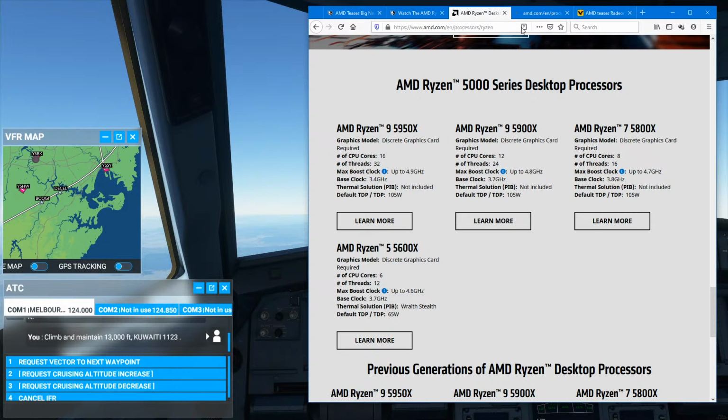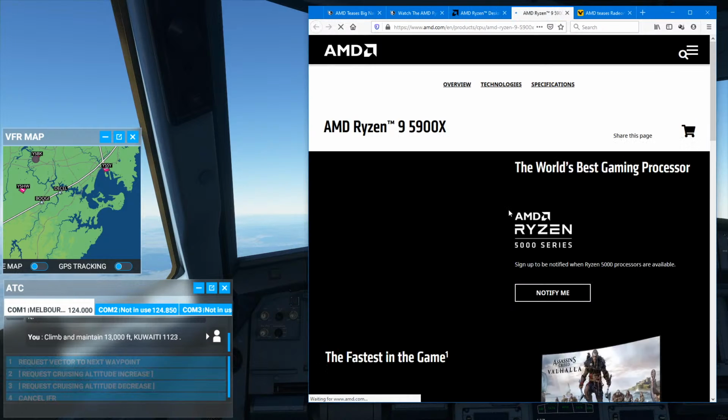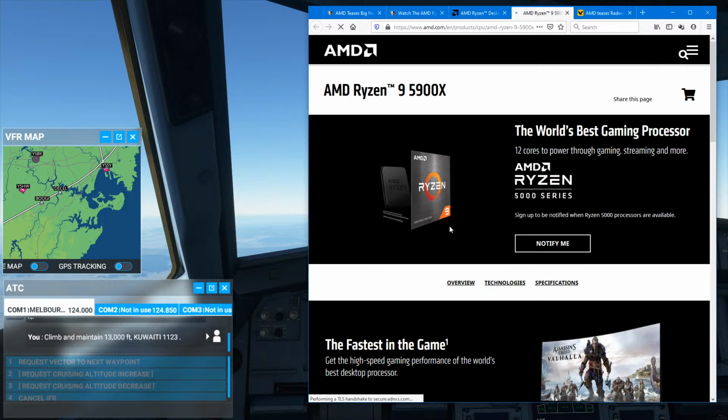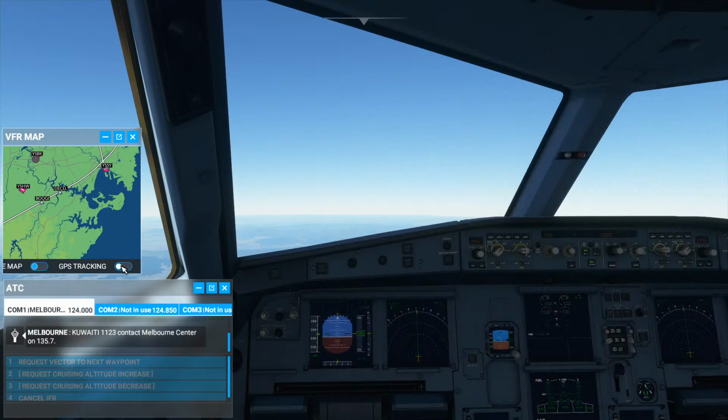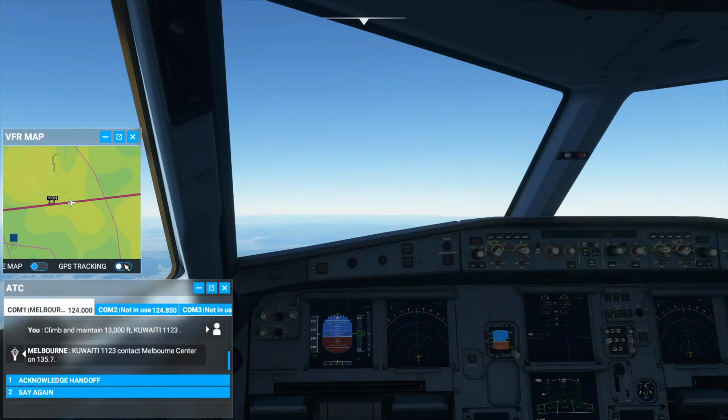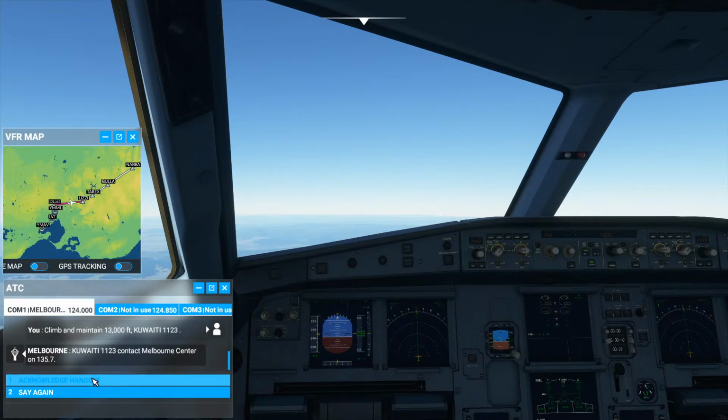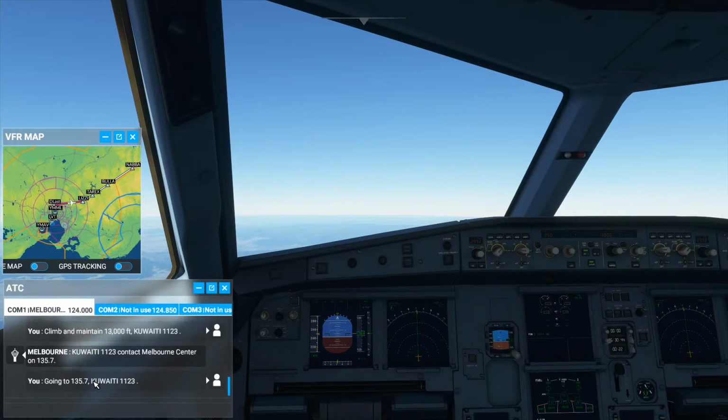So I'm going to learn more about this. Hopefully they state the price in here. Kuwaiti 1123, contact Melbourne Center on 135.7. Okay, let's go, Melbourne Center. Going to 135.7, Kuwaiti 112 tree.